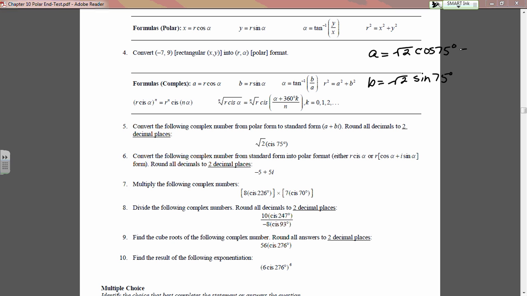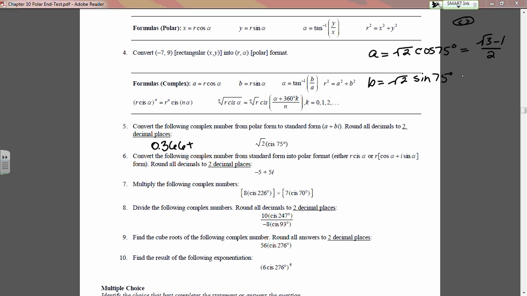Now, when you first punch it in, if you're in math print mode, you're going to get something weird that looks like this. If you just hit that button above enter that kind of has a greater than less than sign on it, it'll immediately convert it to a decimal. I'm going to write the decimal over here. The decimal of square root of 3 minus 1 over 2 is 0.366 plus.